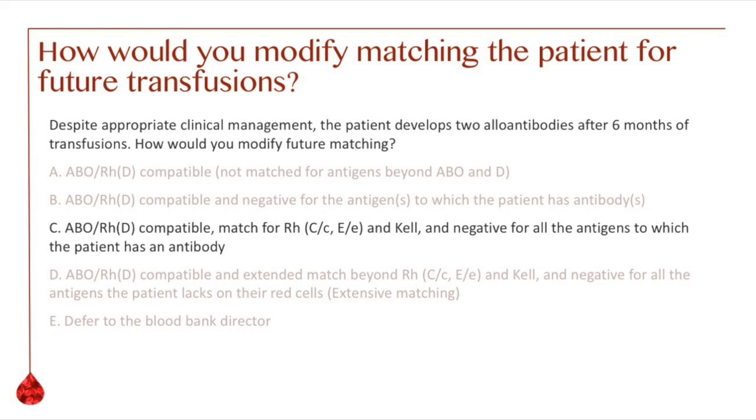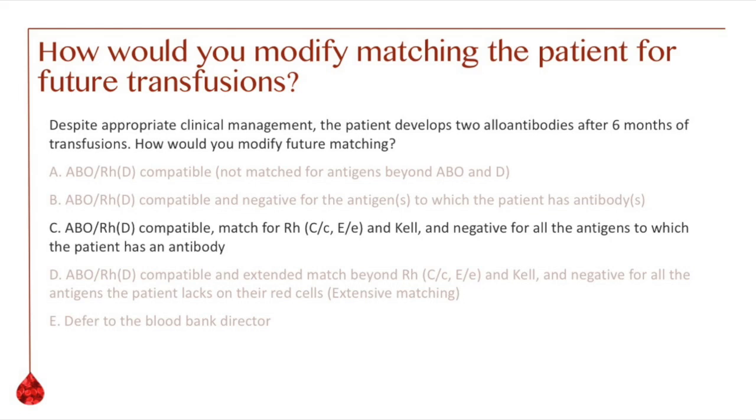Answers A and B are considered inadequate approaches to this clinical problem because patients who form alloantibodies will often go on to form antibodies to all of the significant minor antigens they lack on their red cells and may form autoantibodies.